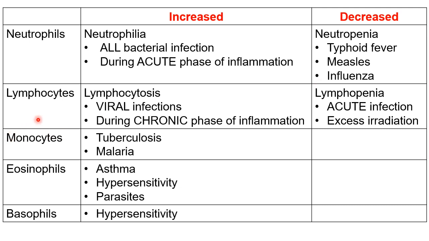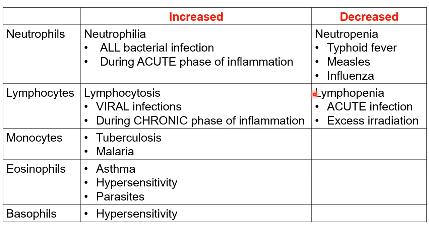Next terminologies, derangement in your lymphocytes. Kapag mataas na lymphocytes, ang term natin doon is lymphocytosis, mababang lymphocyte, lymphopenia. Okay, ano naman yung mga associated conditions under each derangement? Kapag mataas ang lymphocytes, it is most probably caused by viral infection or kung ang pasyente mo ay nasa chronic phase of inflammation.